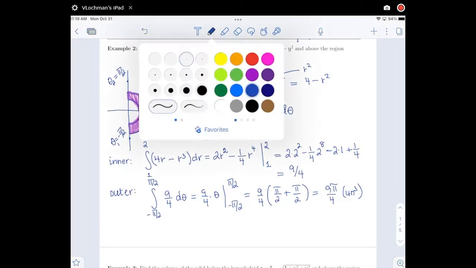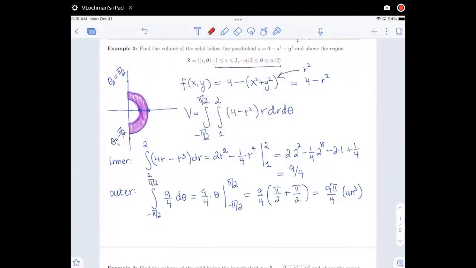Because if you go in this direction first, in the y direction, then once you get over here, you have two different limits, right? If you go in the x direction first, you have the same problem once you hit this vertical edge right here. So you would have to split it up into several pieces.